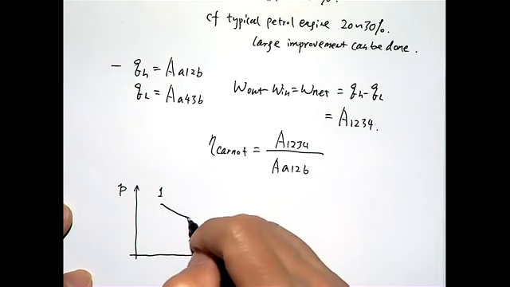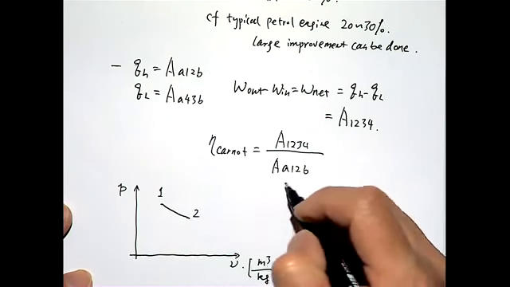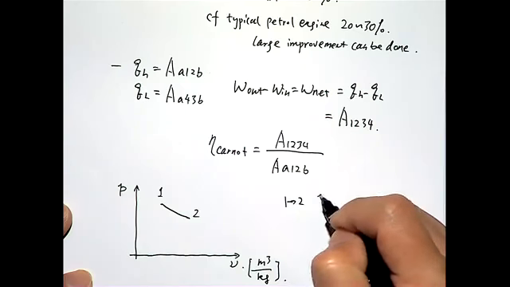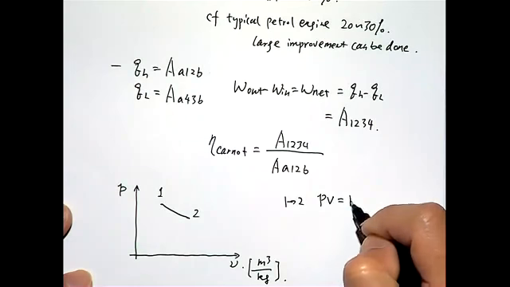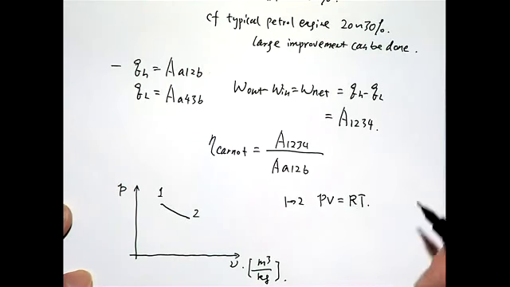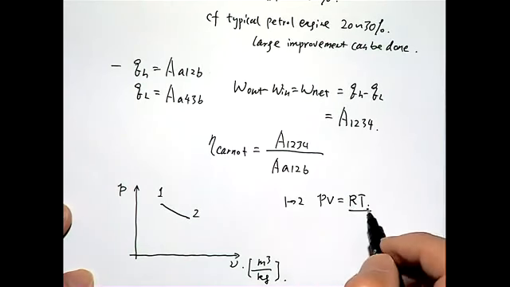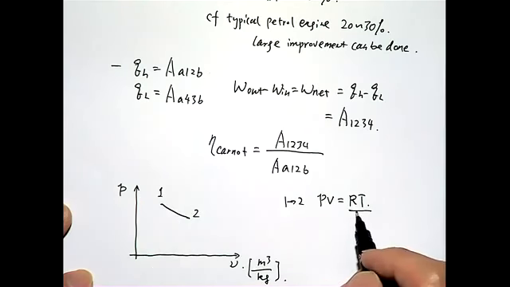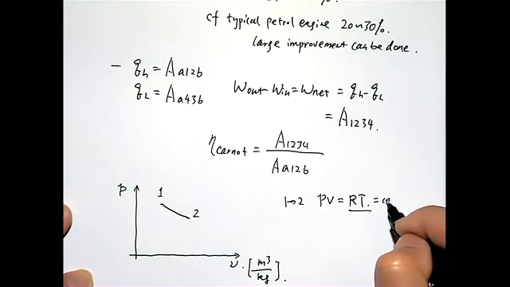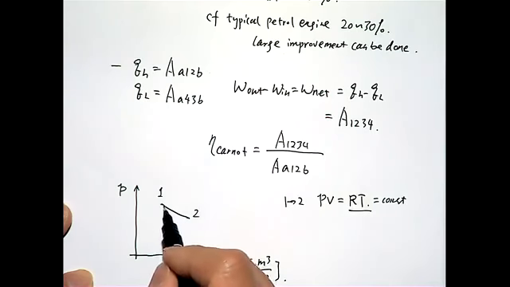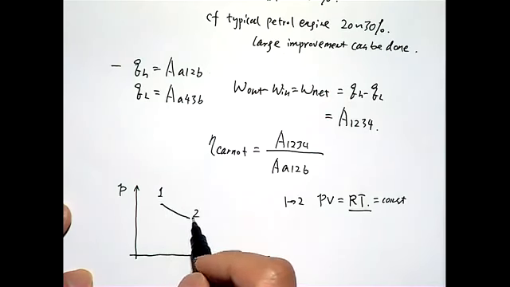Going to state 2, you should follow the PV equals RT condition. At the start and at the end, the temperature is the same. It's an isothermal process, right? The temperature is the same, so PV should equal a constant. So you should draw a function of PV equals a constant here.